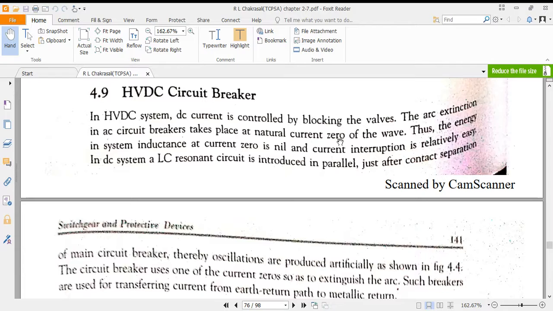When the current wave is passing 0, the arc extinction is made, so that we observe theoretically 0 arc, but practically we observe very small arc, very less intensity arc, by operating the circuit breakers at natural current passing through 0.